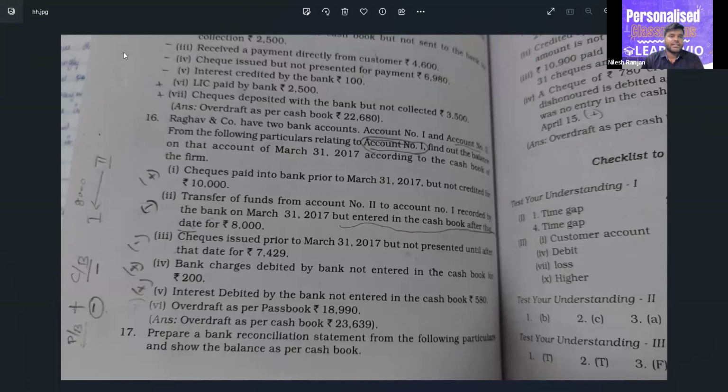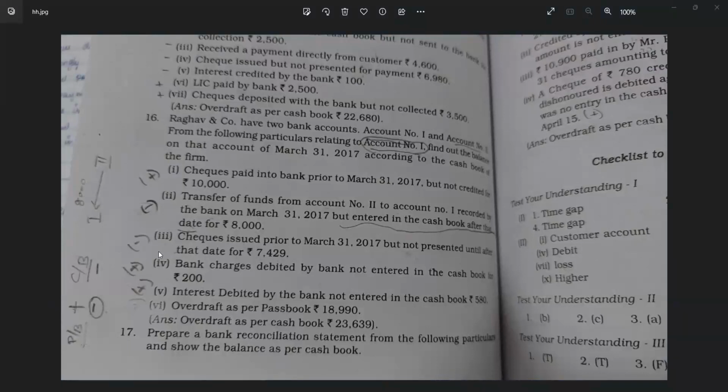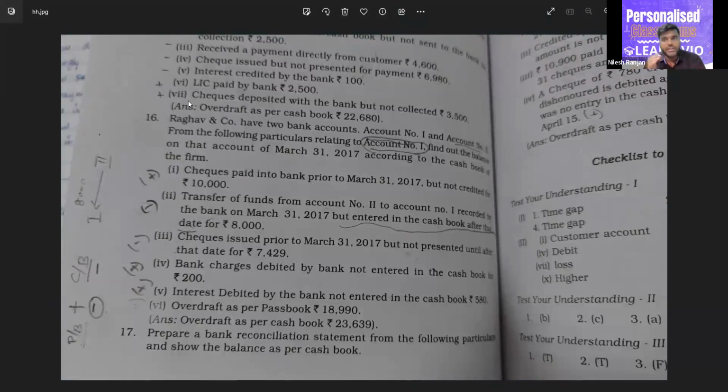Tell me, bank charge is debited, so will it impact our cash book or passbook? It will impact our passbook. Now, will it increase or decrease the passbook? It will decrease the passbook. Okay, so passbook will decrease. Yes, sir.